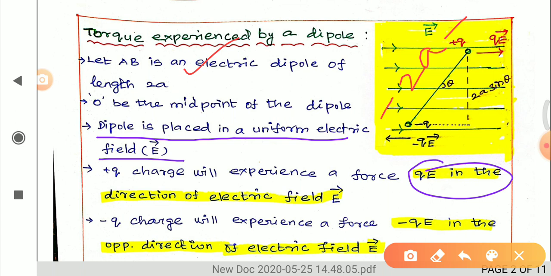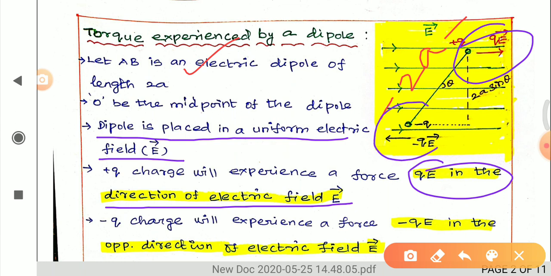Then what is the direction of the force experienced? It always acts along the direction of the electric field, as highlighted here. Then what about the negative charge? If minus Q is placed in the same uniform electric field, the magnitude of the force is given by minus QE.